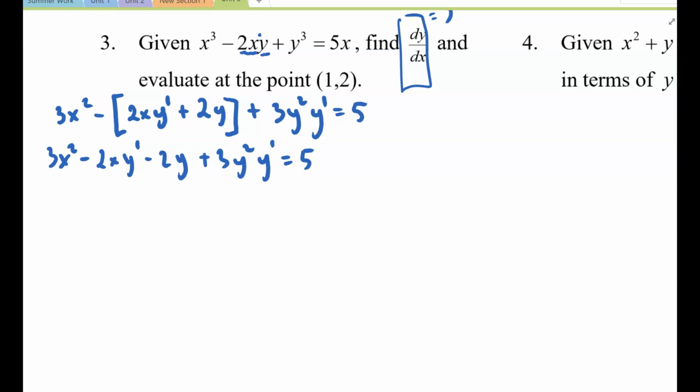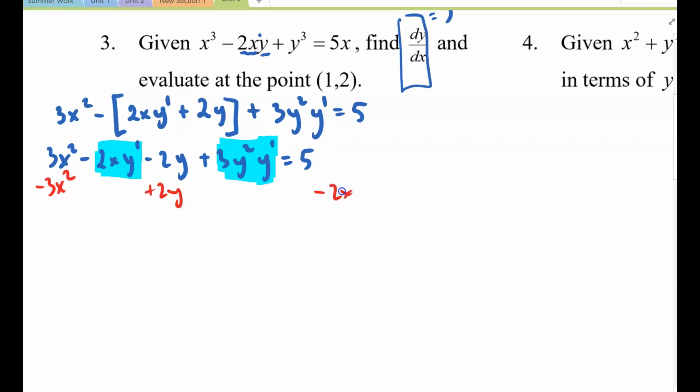And here is step 3, where you want to factor out your y prime. So notice here how I have a y prime term here, and I have a y prime term here. So everything else I'm going to move over to the other side.